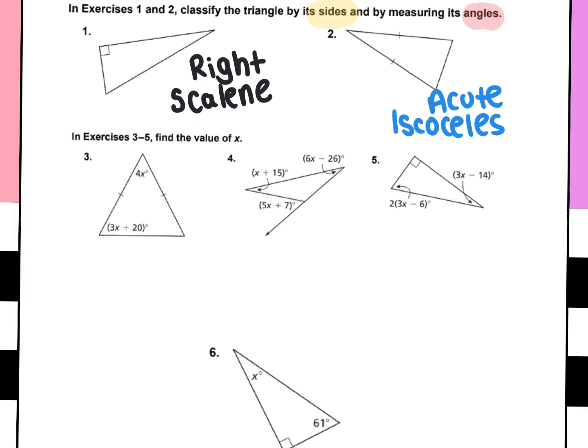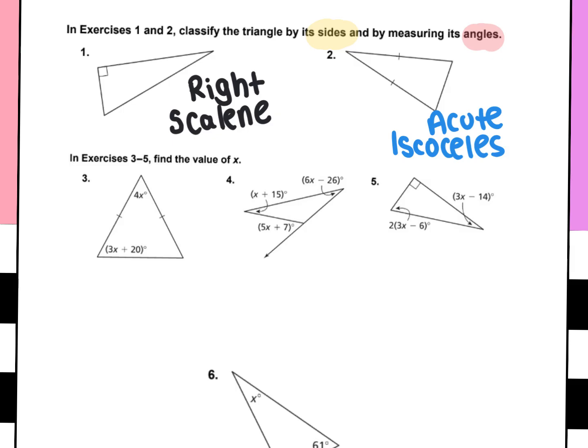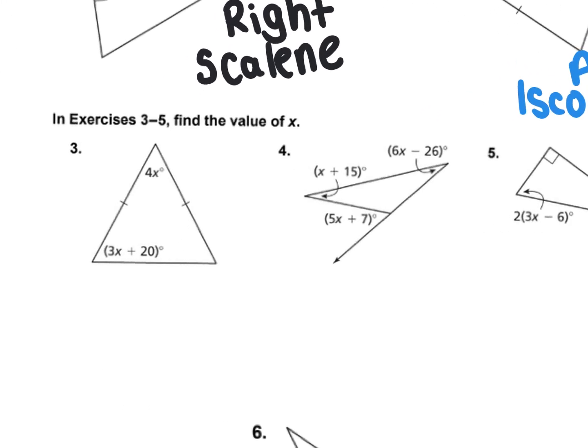All right. Now we get into the math, and the math is where we're going to have a lot of questions like this where we need to know how to solve for x and know what we're doing. So the first question when we're solving for x, right away, do you see that they're giving you that this side and this side are equal, right?